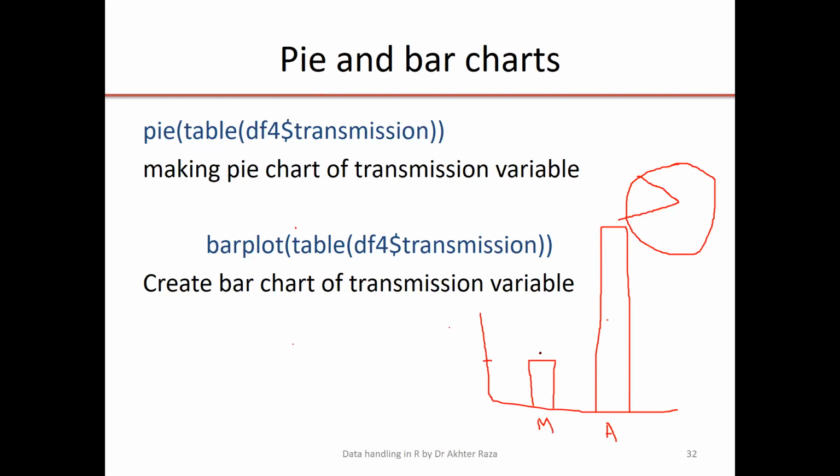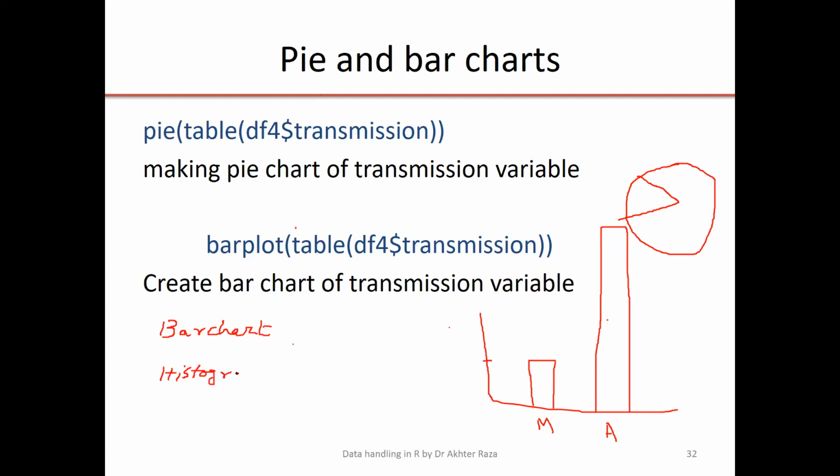The bar chart is different from the histogram. Histogram is made for continuous data while bar chart is made for qualitative data. So that is one of the very important distinctions between the two types of graph, bar chart and histogram.